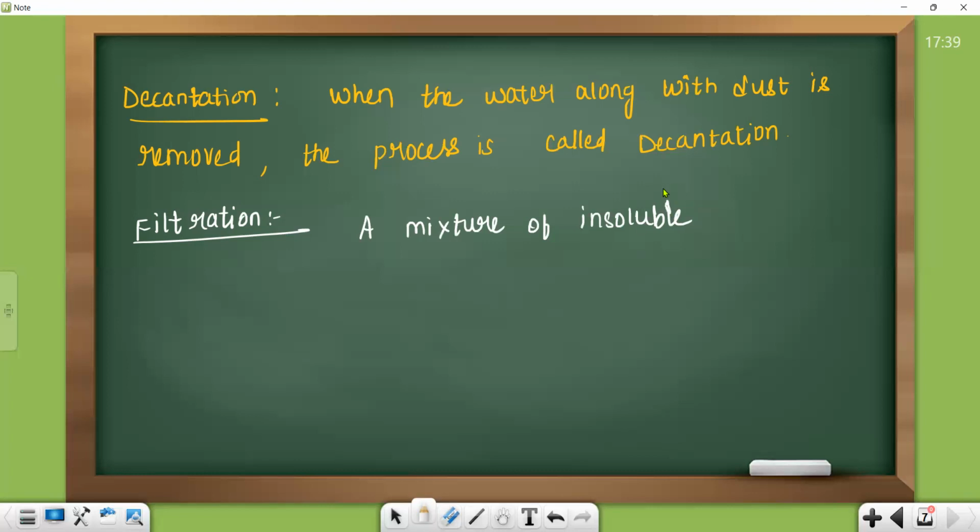Suppose I'm taking sugar water or salt water, I can't separate them with the help of this because it is completely dissolved, soluble, right? So whatever insoluble are there, that only can be separated.